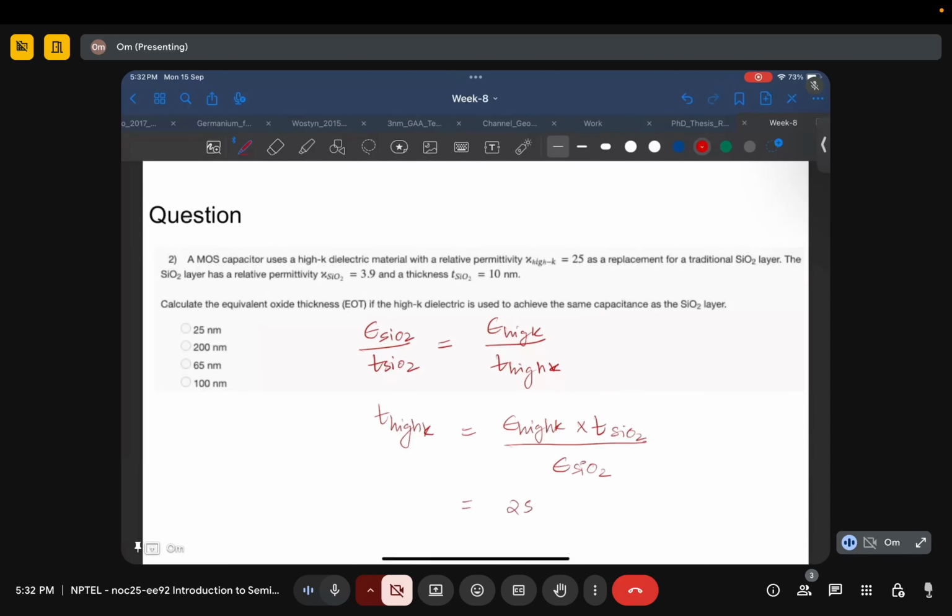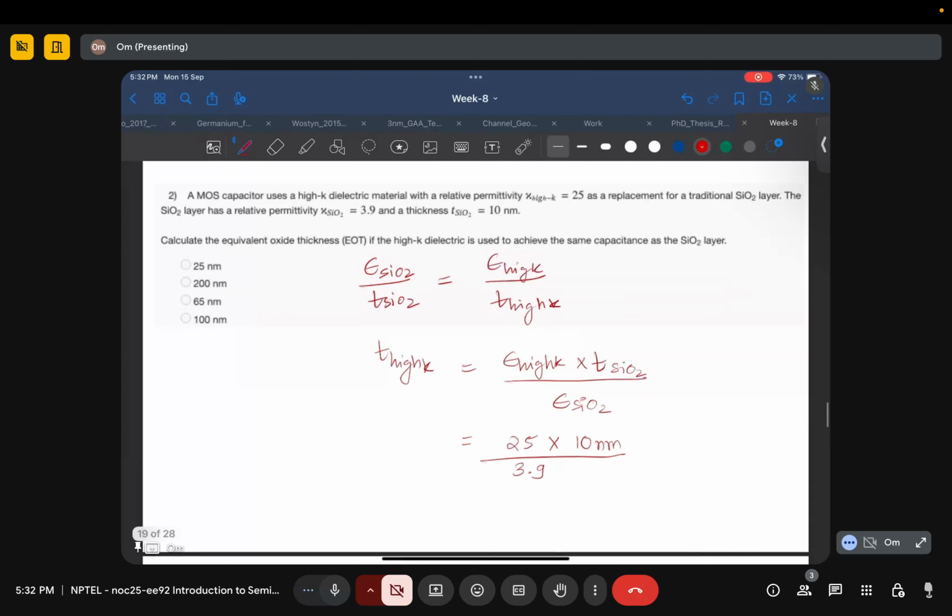This is 25 into 10 nanometer upon 3.9. This gives us 64.1 nanometer. So answer is option C, 65 nanometers.